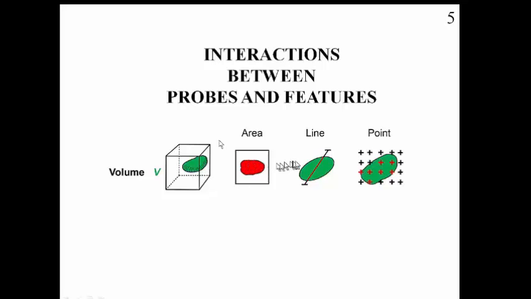We see the profile of this object in 2 dimensions. We look at the number of points that hit the object versus the number of points in the test system. Here we look at the length of the line versus the total length of the line, and here we're looking at the area of the profile of the object versus the area of the section itself.